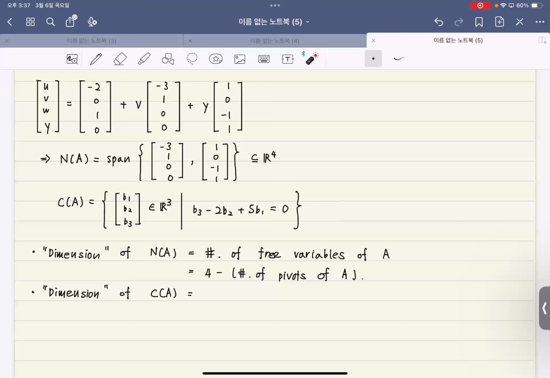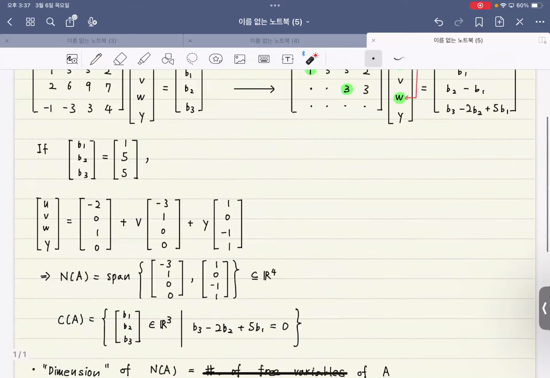Okay, so in other words, 3 minus the number of restrictions. So in other words, the number of rows minus the number of restrictions. But how many restrictions do I have?